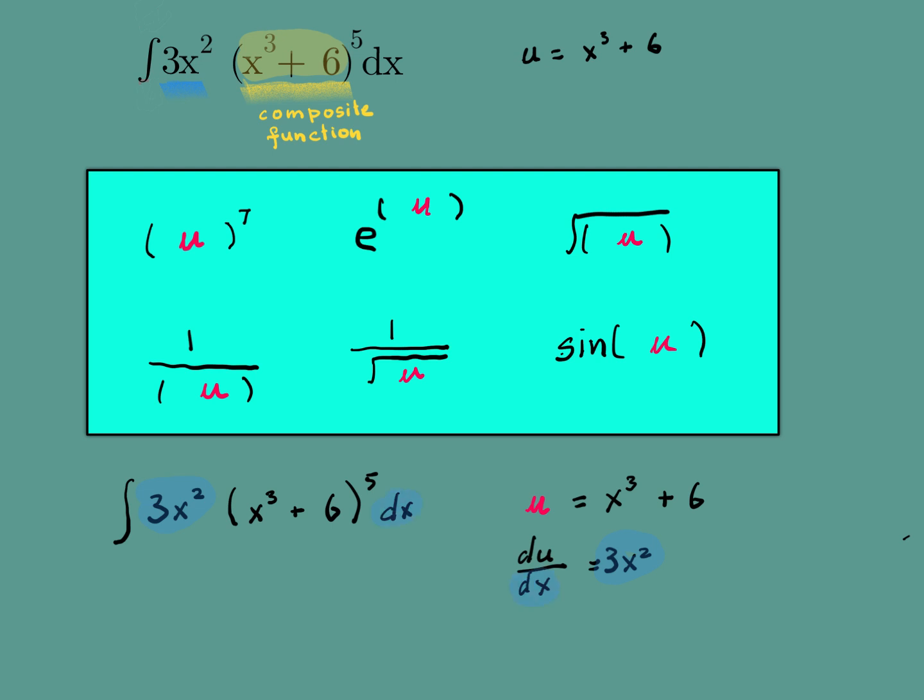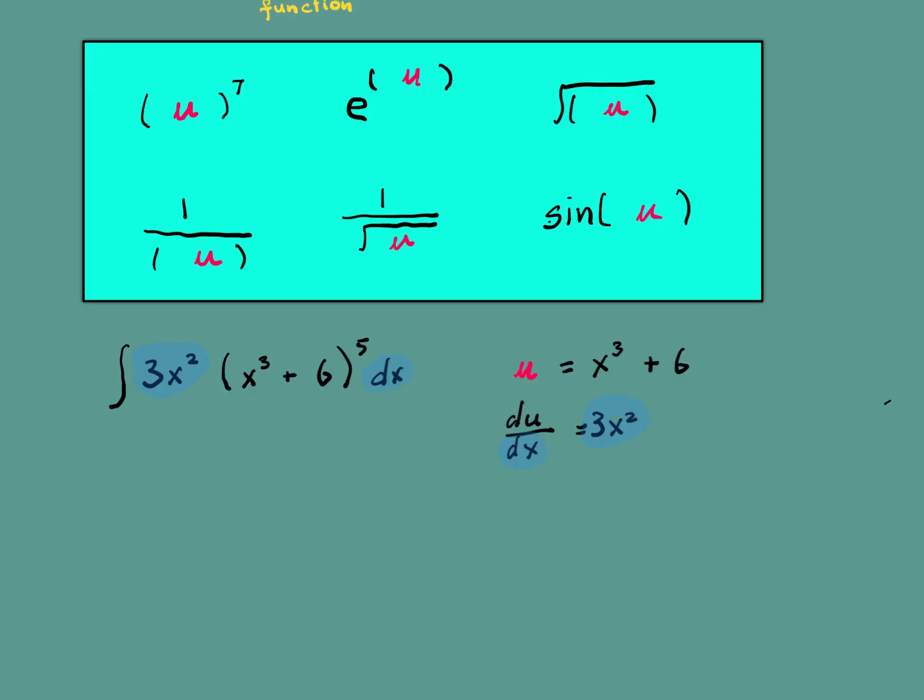If I rearrange this particular equation so that I will have just du, it'll mean that du is equal to 3x squared dx.